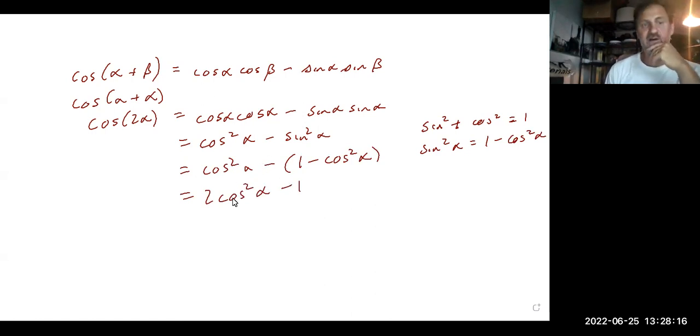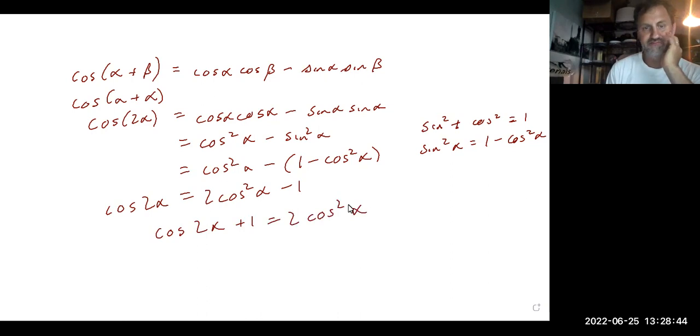And while we're here, I suppose it's worth saying this is the origin of the half angle formula, because if cosine 2 alpha equals 2 cosine squared alpha minus 1, then we can rearrange this: cosine 2 alpha plus 1 equals 2 cosine squared alpha.